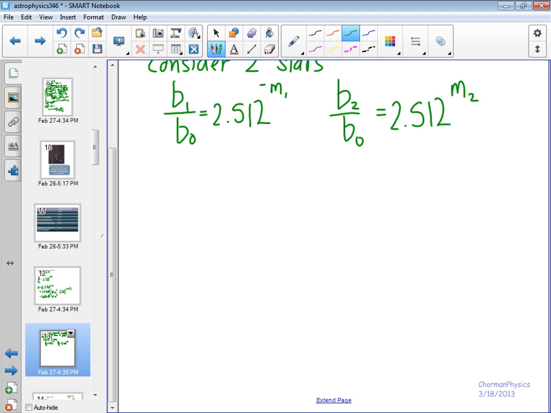From here we can set up a ratio of these two, with B naught, and when we bring the two together, our equation would be B1 over B2 equal to 2.512 to the M2 minus M1. Whoops, I forgot a negative sign up there.